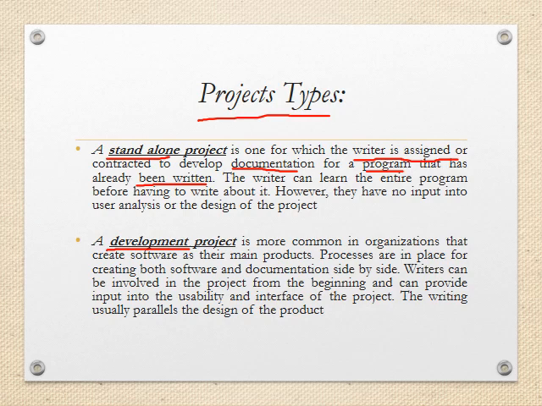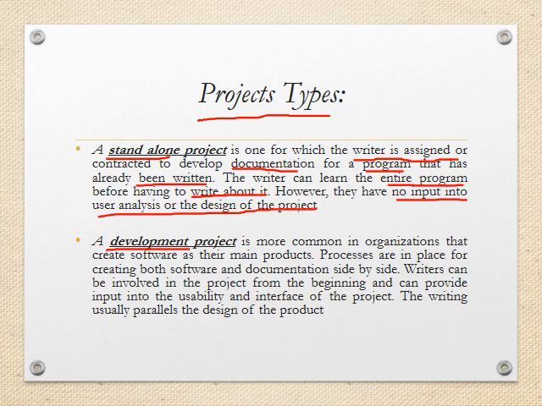The writer needs to learn the entire program before having to write about it. However, they have no input into the user analysis or the design of the document. Their only job is to create the document after they try to understand the whole program.